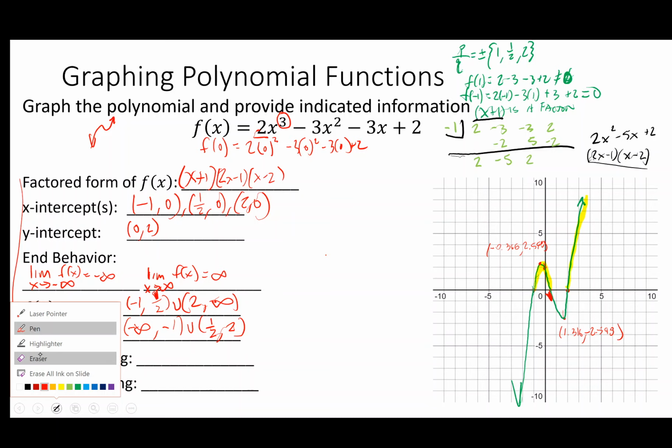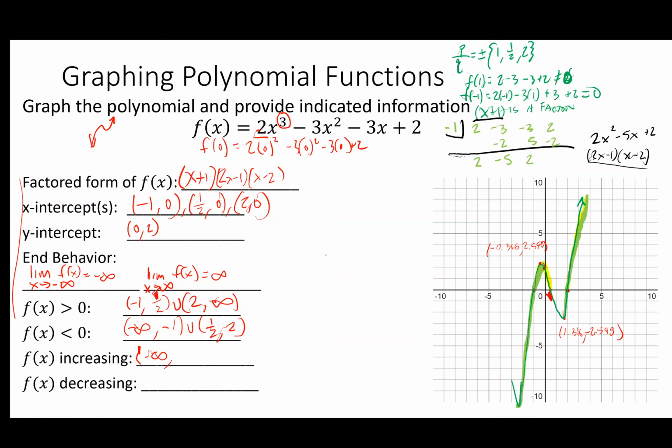Well, that would be everywhere from negative infinity up until the x-coordinate of this maximum right here, which is negative 0.366. Then union, it starts to increase again at 1.366, and then keeps going forever. So it's increasing on those areas.